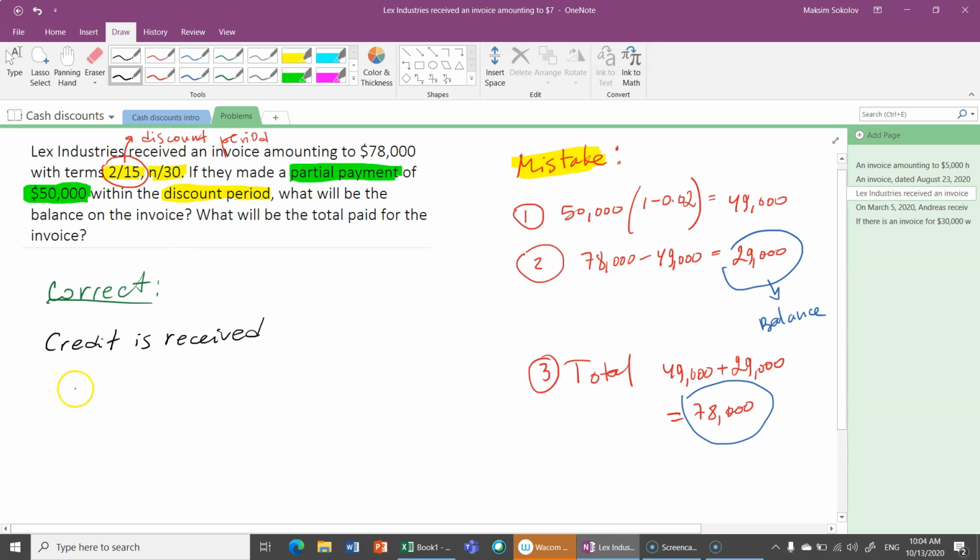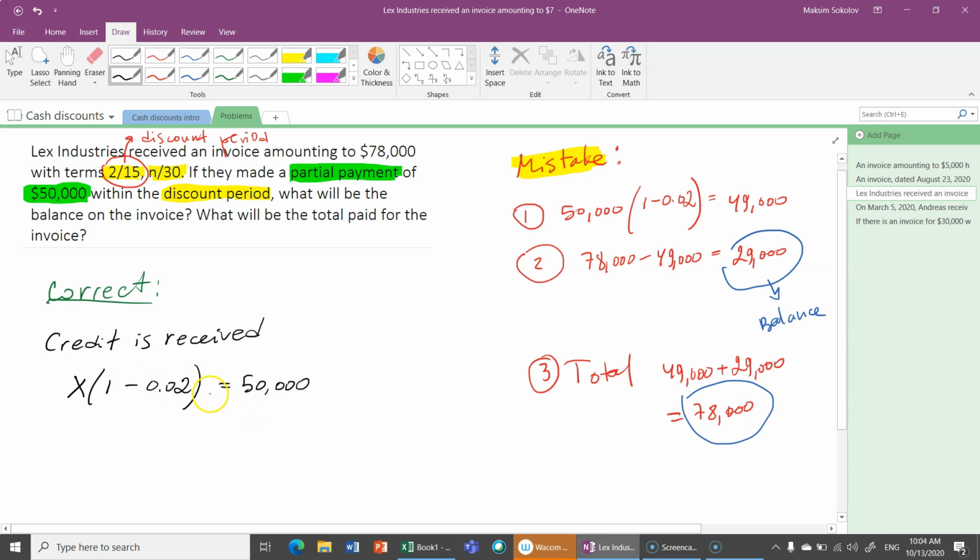So the company is paying out some amount X, such that if that amount is discounted by 2%, that will be $50,000. In other words, when the company is paying $50,000 within the discount period, they cover some bigger amount by this $50,000, which if discounted by 2% will be exactly that $50,000.